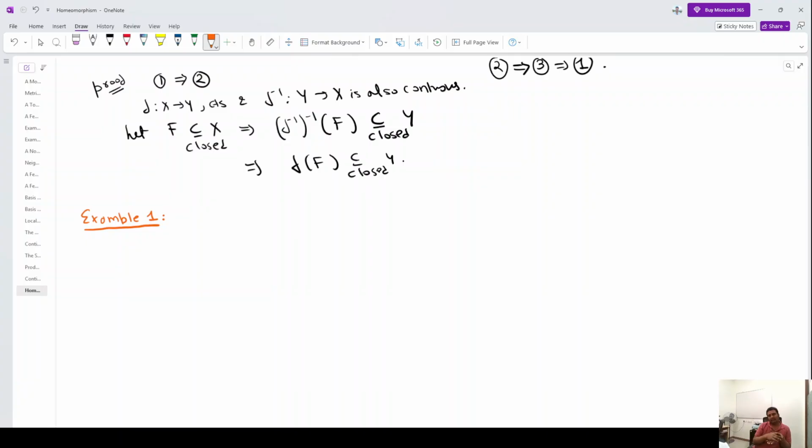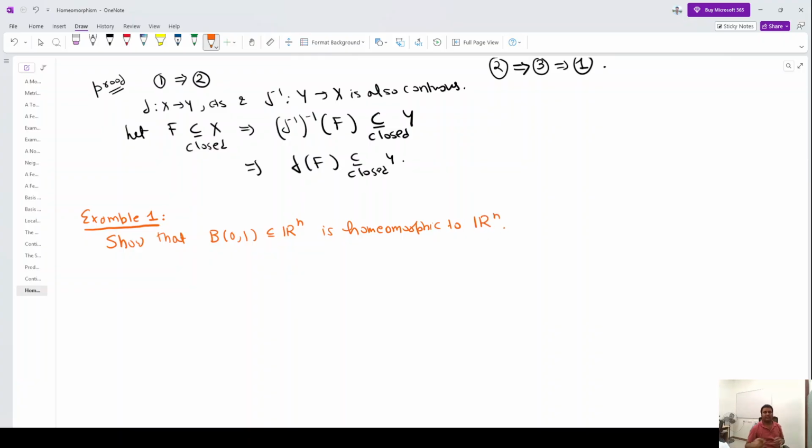Let me think what we can do. Okay. Show that B(0,1), this is an open ball centered at 0 of radius 1 in Rn, is homeomorphic to Rn.